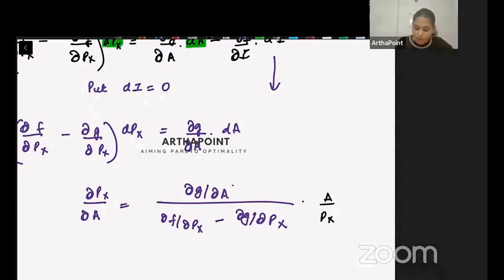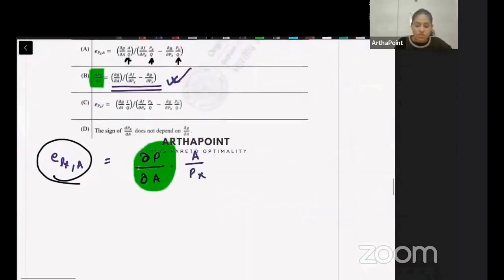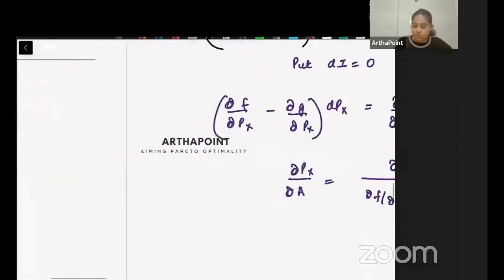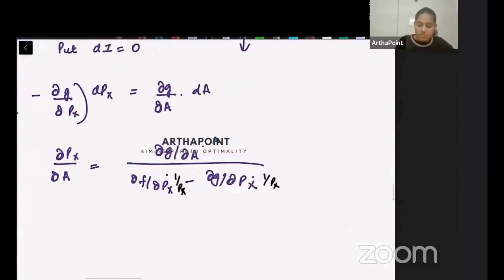A is on top, so we keep A on top. Px is in the denominator, so we keep Px in the denominator. I don't have to put 1 by Px, just Px in the denominator. And then I will have Q's everywhere, dividing by Q everywhere. This is the only thing that I have done according to what they're asking in the question.